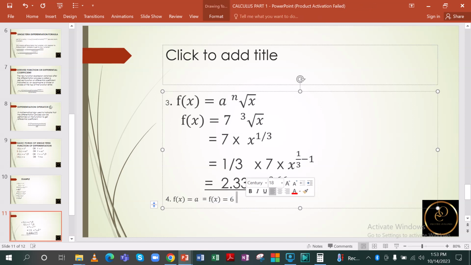So how do we go about it? Remember you have to differentiate with respect to x. There's no variable here, so you are not differentiating with respect to any variable. So this means it's equal to 0. That's how we come about this particular arrangement.